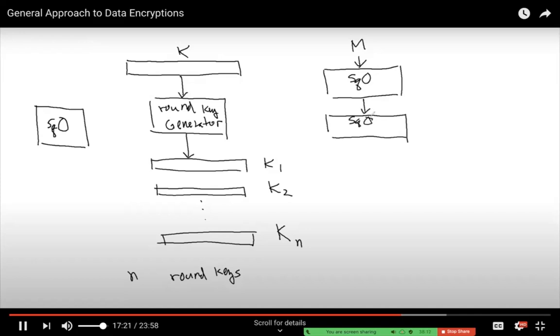So this is exactly the same, or sometimes it could be slightly different. Then this K1 goes to here. So this is the first round, the second round.